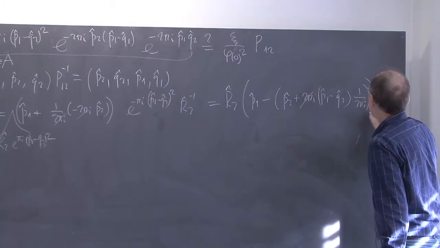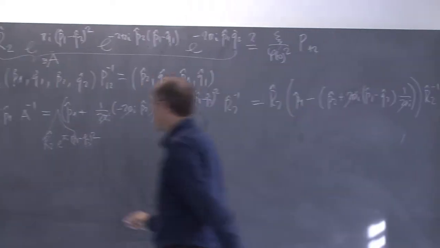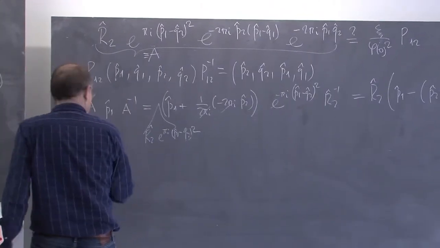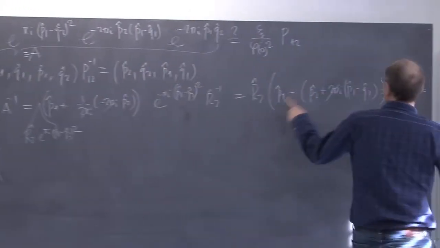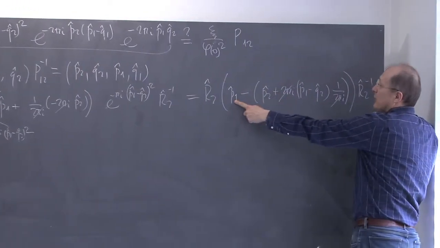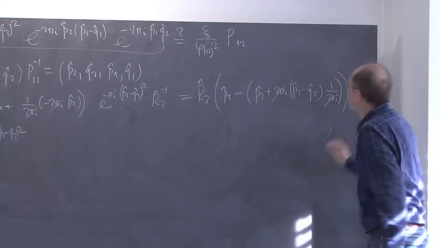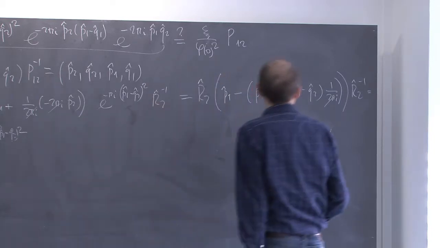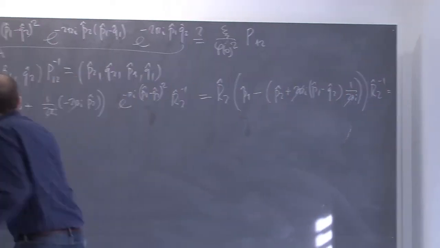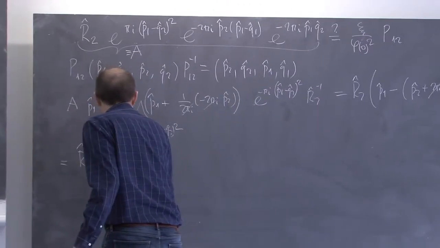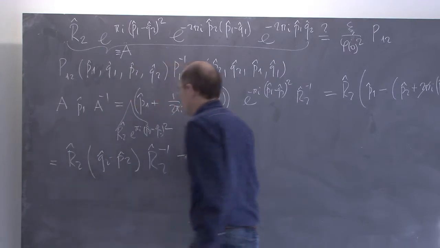So we simplify, and then we have some more simplification, which is R2 hat. P1 goes away, because we have a P1 here, we have minus, and here P1. So what remains is Q2 minus P2 hat minus 1.